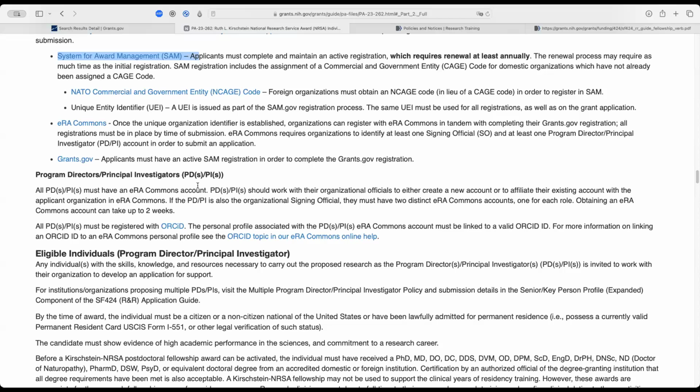Now, you need a program director or principal investigator, the PD or PI, and they need to have their Era Commons account. And this is something, if they don't have it already, they need to get that set up. Same thing, they also need to have their ORCID. The ORCID is a unique identifier to associate you with the research.